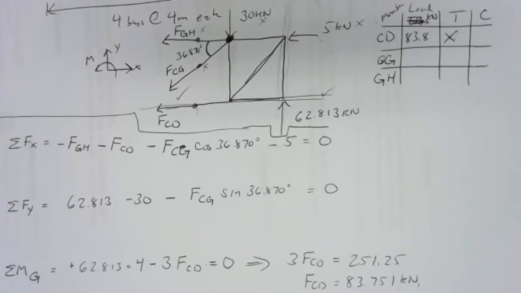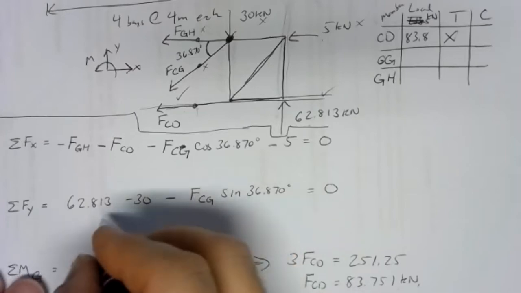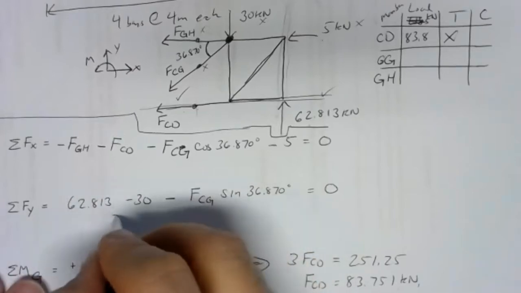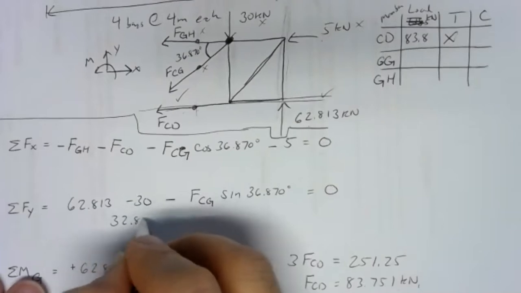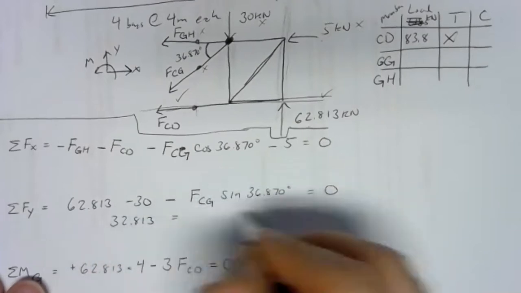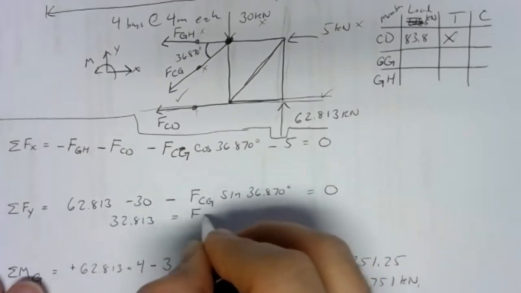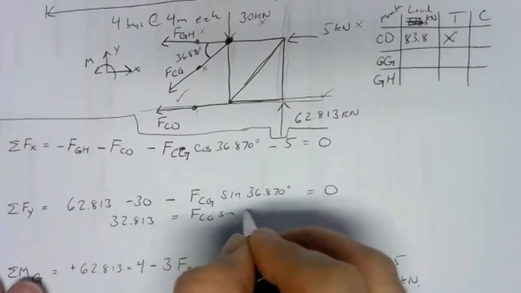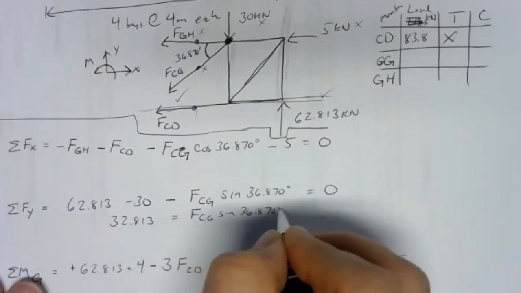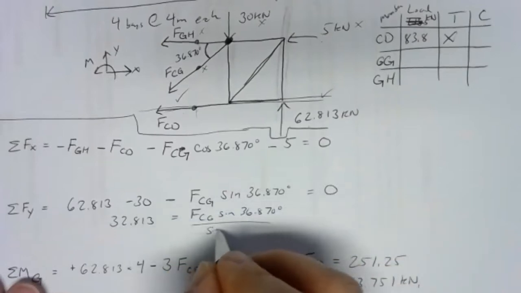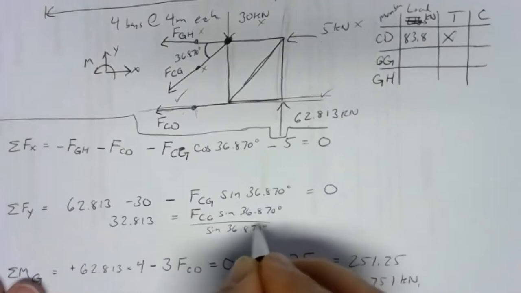Y direction, we got a little more work to do to simplify it, but it's not too bad. If we subtract that 30, we get 32.813, and we move the FCG sine over to the other side. We divide both sides by the sine of 36.870 degrees.